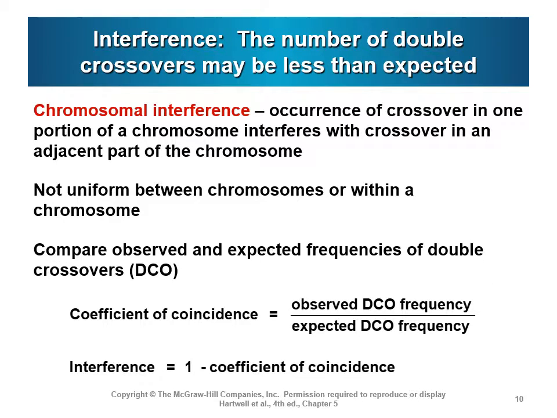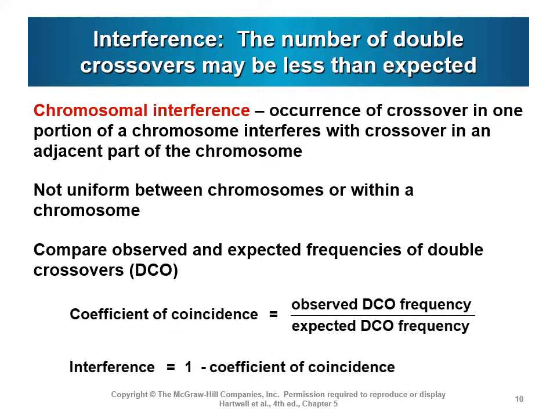Now let's talk about interference and see how the number of double crossovers may be less than expected. So a new terminology, chromosomal interference: that's the occurrence of crossover in one portion of a chromosome interfering with crossover in an adjacent part of the chromosome.